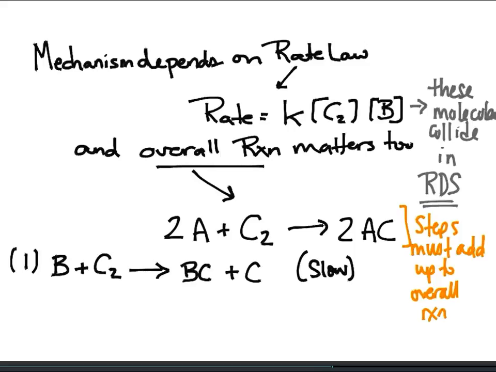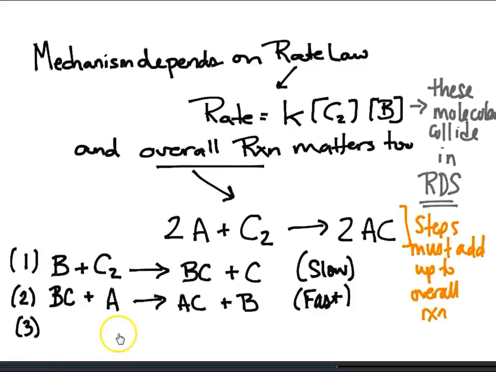It's easiest to start with a slow rate determining step and just include the 2 items in your rate law in that step. So I have an atom of B colliding with a molecule of C2, and for the products that form, you can envision maybe they all split apart, maybe B combines with C, but there has to be something on the right that's different than what's on the left. And this is one way to do it.